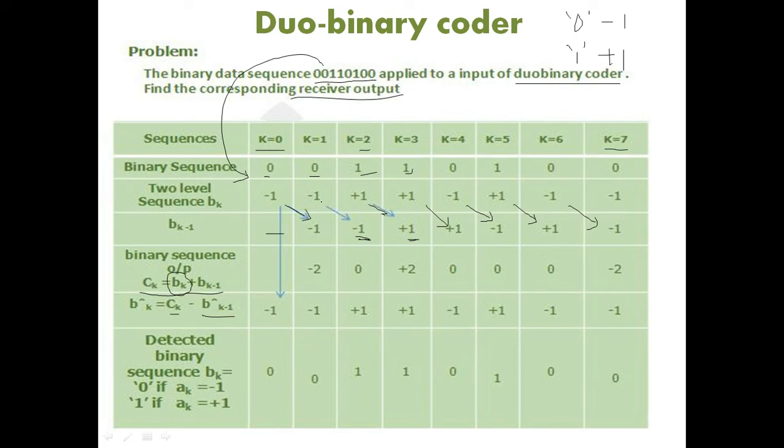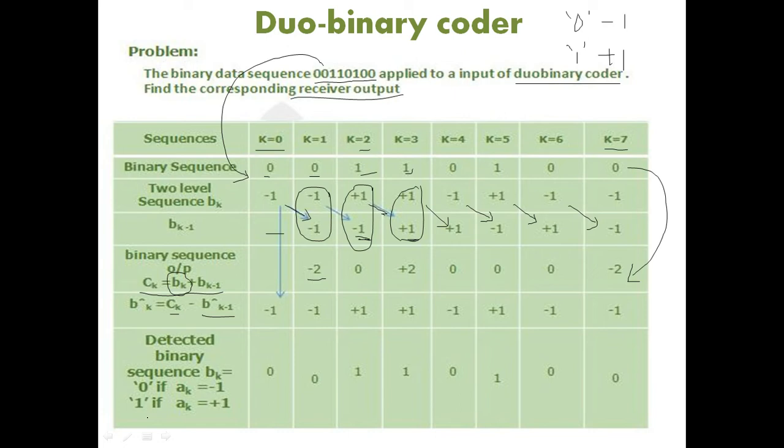Minus 1 and minus 1 give minus 2, plus 1 and minus 1 give 0, and plus 1 and plus 1 give plus 2. Similarly, I perform this operation throughout. As I said in the previous video, the binary 1s and 0s are converted into three levels: minus 2, 0, plus 2. Only three voltage levels are there; other than that, nothing else we find here.